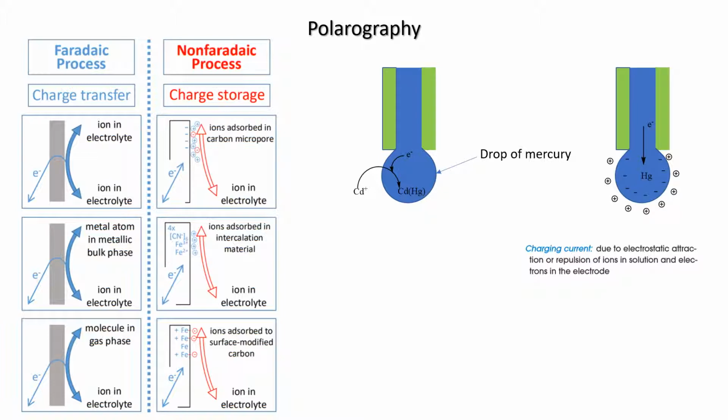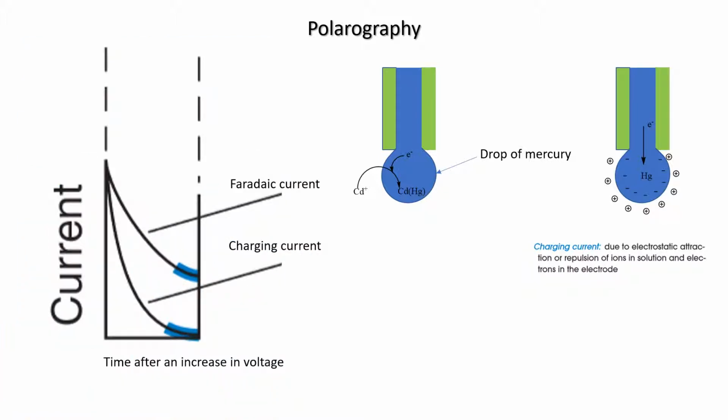current. The graph on the left illustrates how the current responds to a sudden increase in potential. The Faradaic current initially surges to the same level as the charging current, but then settles to a steady value. The charging current, whilst initially large, dies away to zero as the charge dissipates.